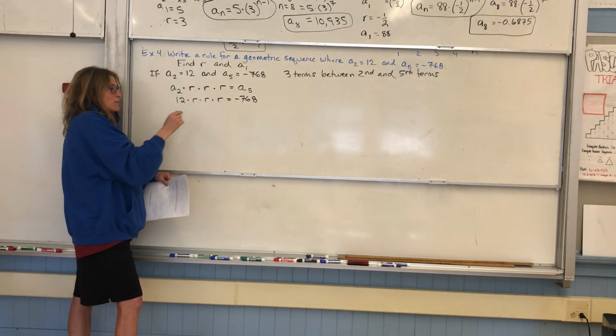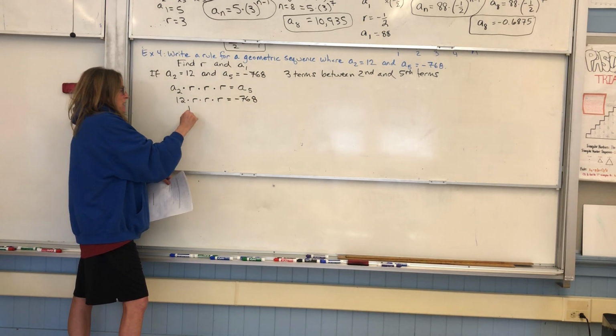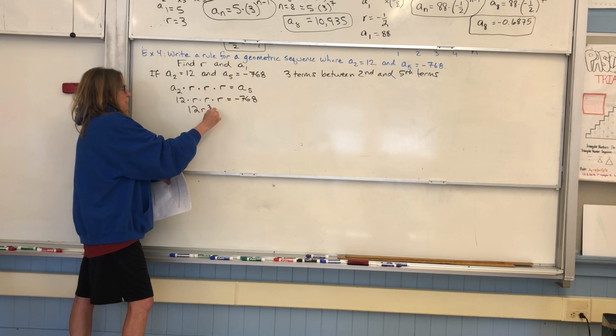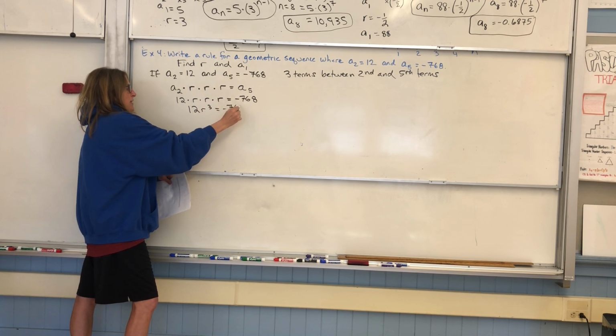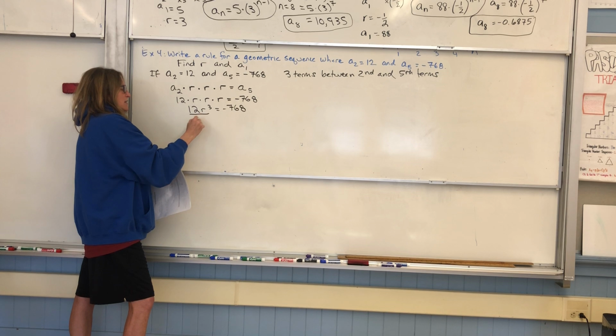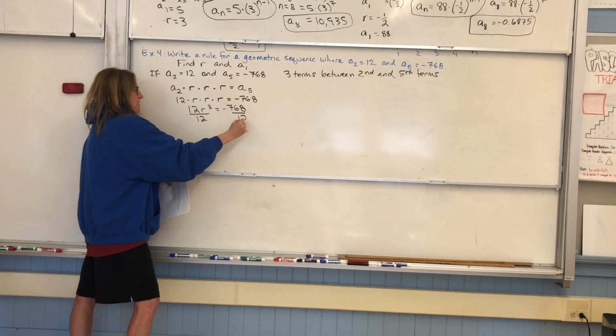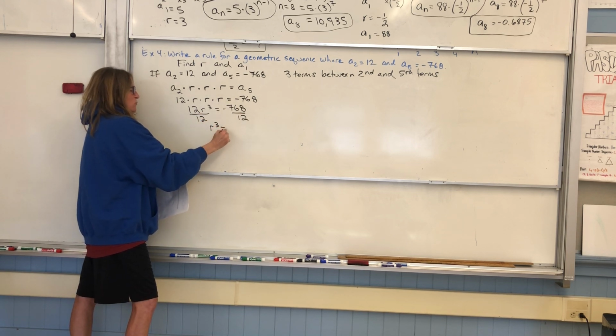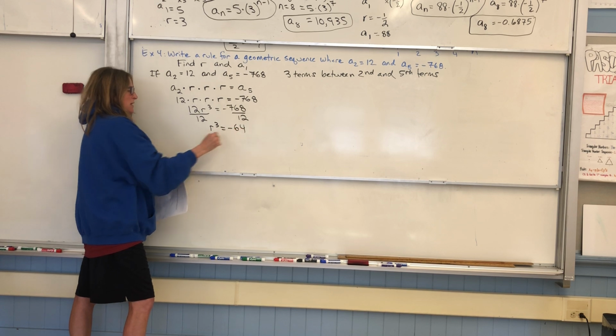So R times R times R is not 3R. It's R cubed. Right? So now we're going to solve this. And we get R cubed equals negative 64. And then let's take the cube root of both sides. So now we know R is negative 4.